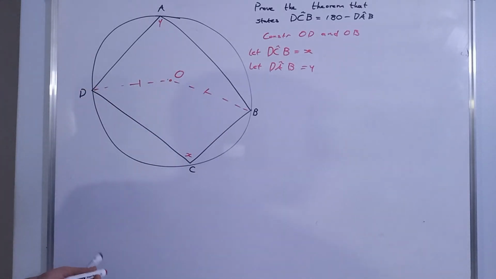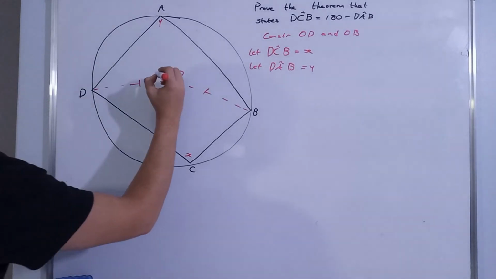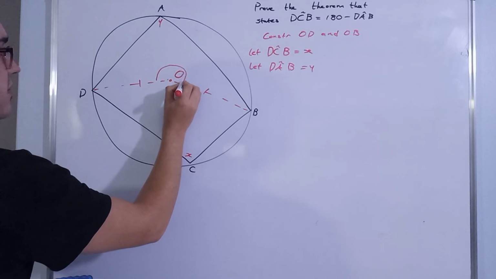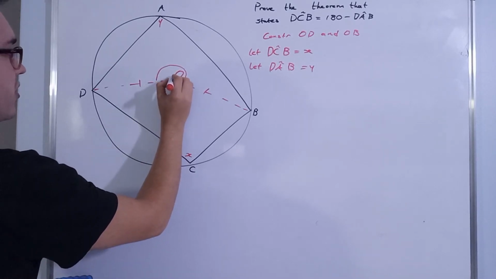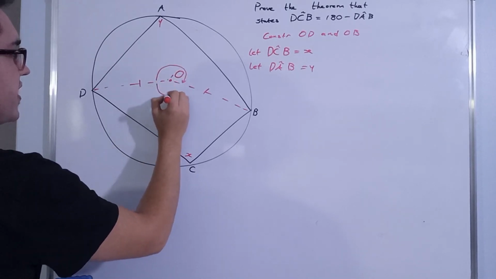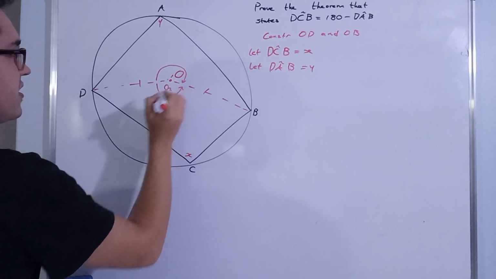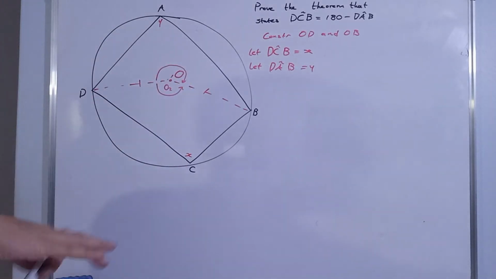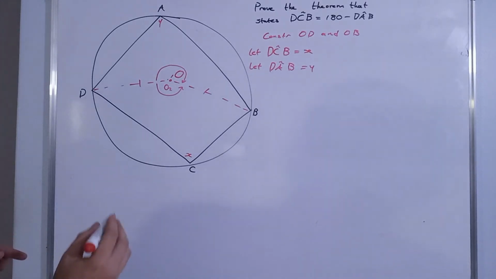But unfortunately, in this case, DOB needs to be split into 2 angles, which we will label there, call it O1, and we'll label another one there, call it O2. Now you don't have to draw those arcs in to reference the angles, but it just helps us now to see where they are.